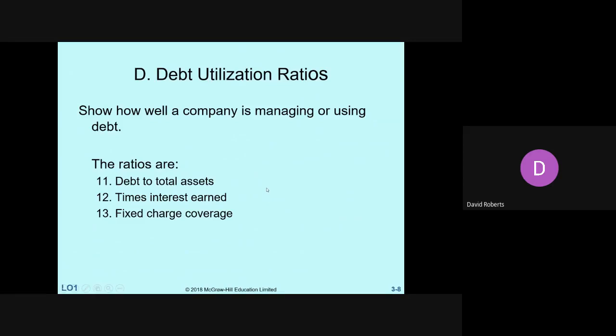Debt. Some debt is considered to be good to a large degree. There's some debate about that. But too much debt is generally assumed to be quite dangerous and can cause your company to go out of business because it relates to the liquidity ratios. They can't pay their bills on time.